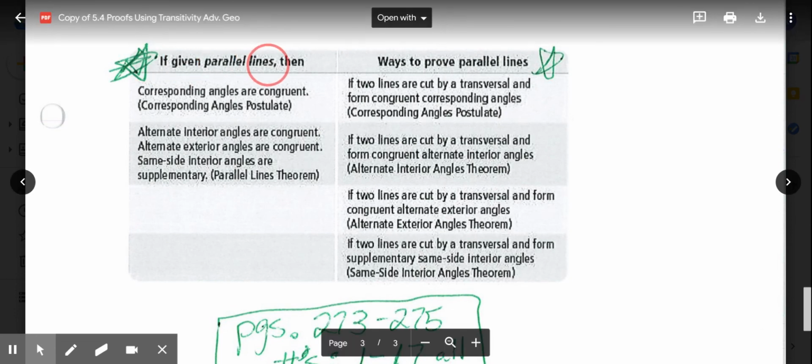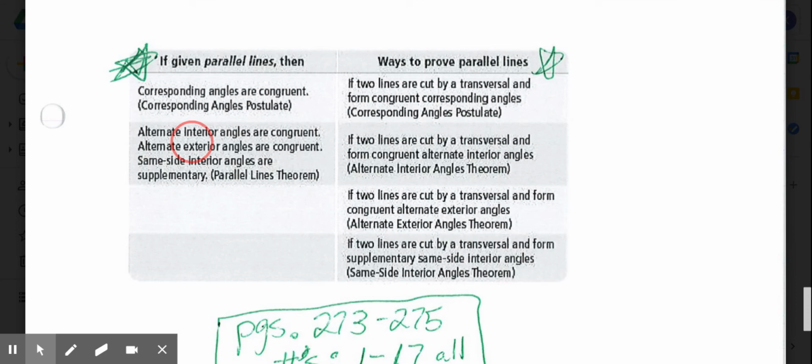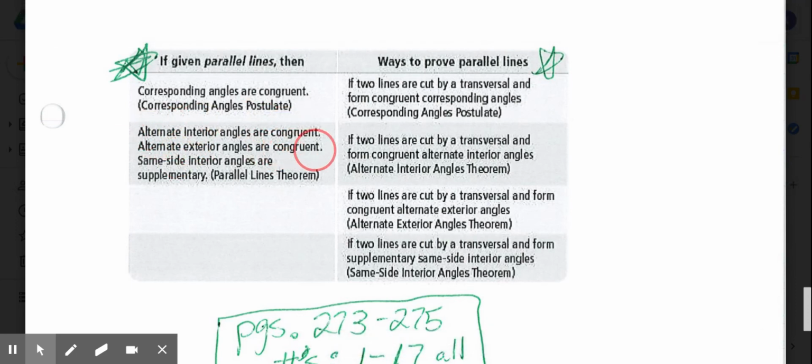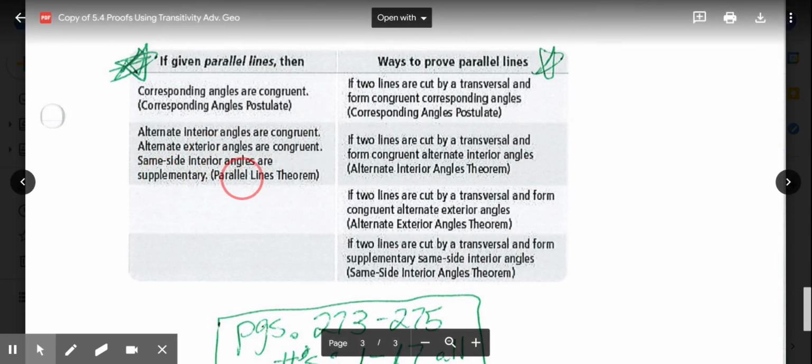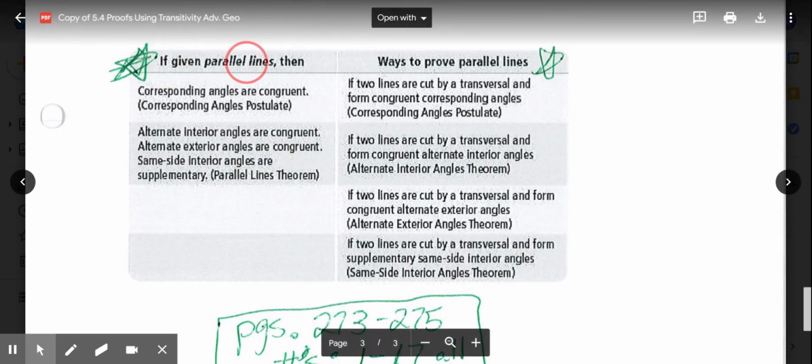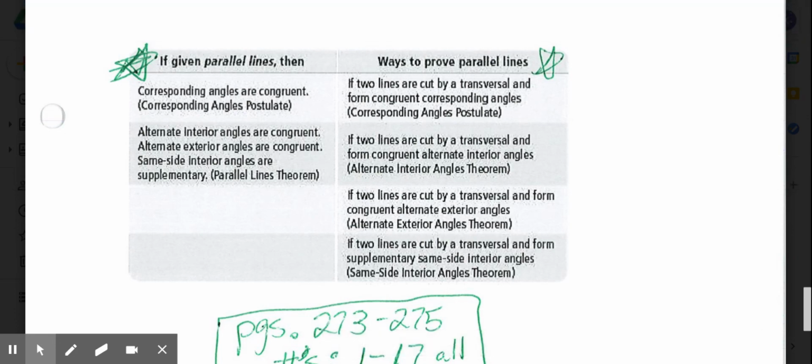If you're given parallel lines to start, so if we already know the lines are parallel, then you're looking to use the idea that corresponding angles are congruent, the corresponding angle postulate, or the idea that alternate interiors are congruent, alternate exteriors are congruent, or same side interiors are supplementary, so the parallel lines theorem. So this is starting at parallel lines, working our way toward a different statement.